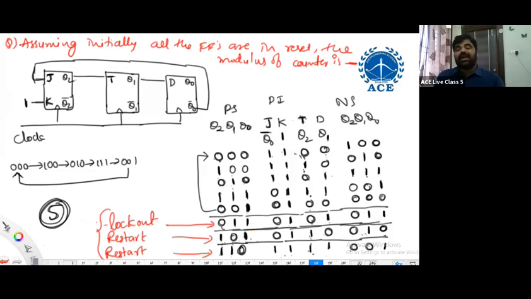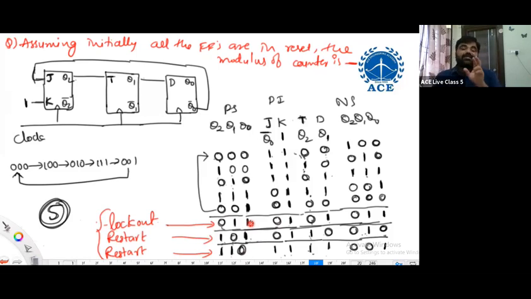That is the reason this problem of lockout has been occurring.